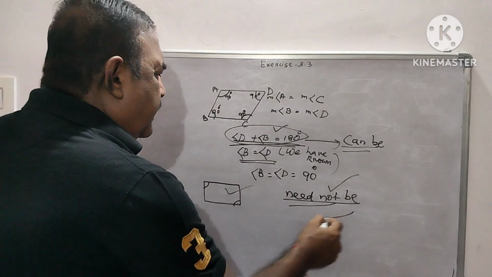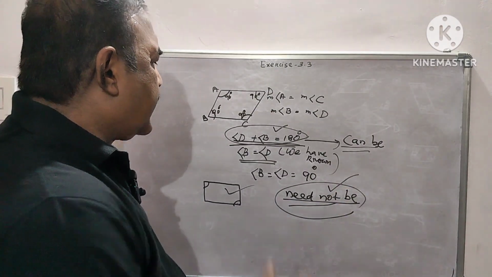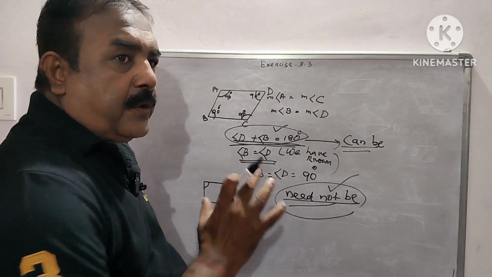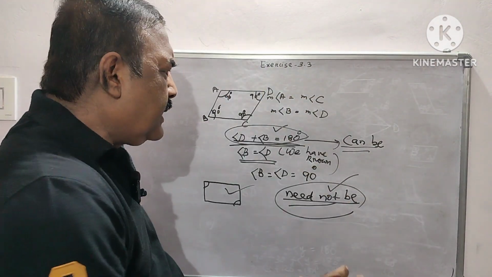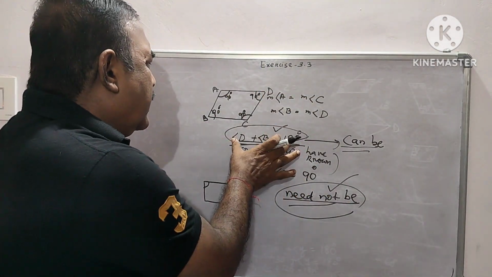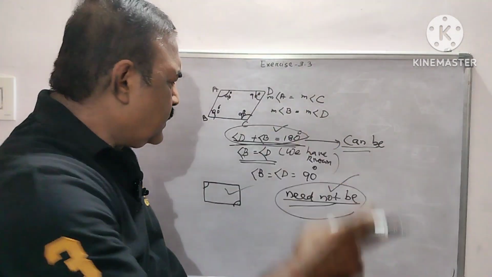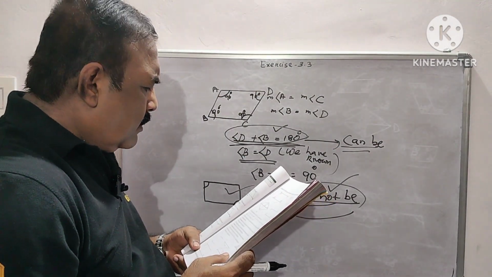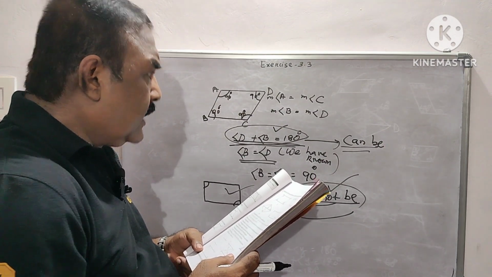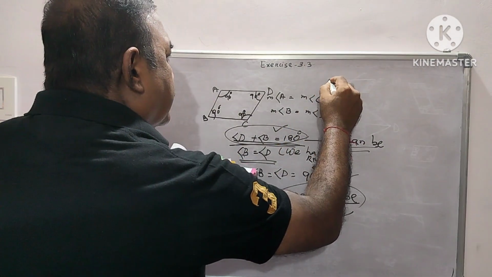So can be and need not be. Need not be in all cases, except one case, can be when the two add to 180 degrees. Only this is possible in the case of the rectangle. So this is part 1 of question number 3. Then go to part number 2.